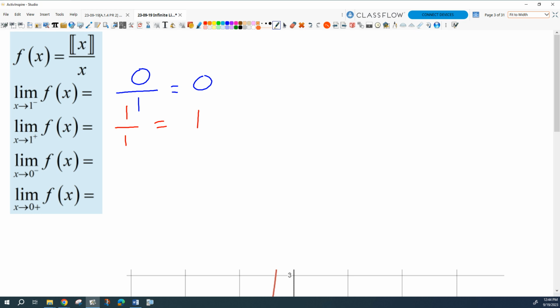Okay, so that's telling me then the limit of this function as x approaches 1 is what? Doesn't exist. How come? Don't agree, yeah.